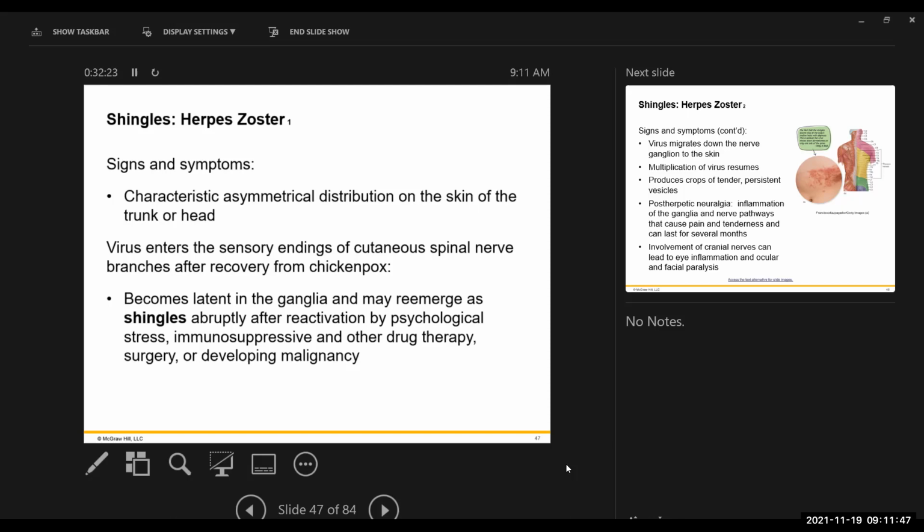The virus enters the respiratory tract and infects respiratory mucosa. It starts to replicate. That's the incubation period. Incubation period is 14 to 21 days.